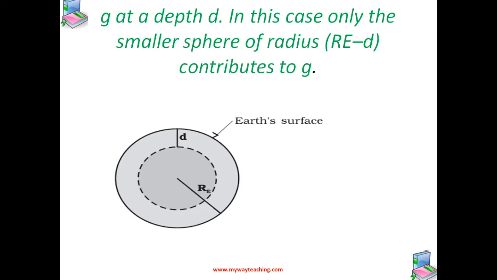Now consider a point mass m at a depth d below the surface of the earth, so that its distance from the center of the earth is given by, the radius is Re and this is d.